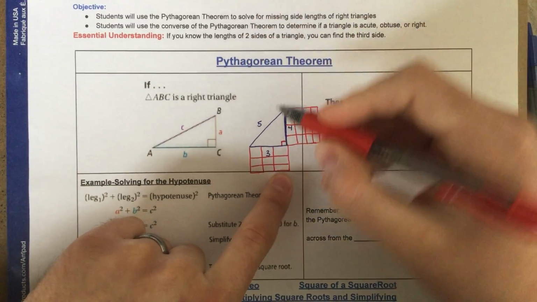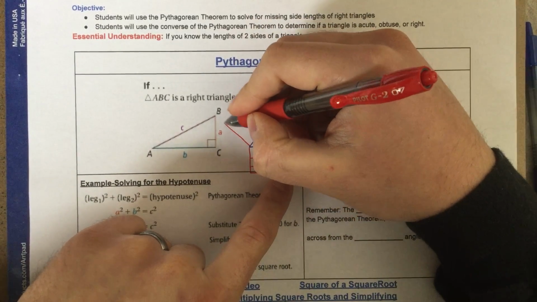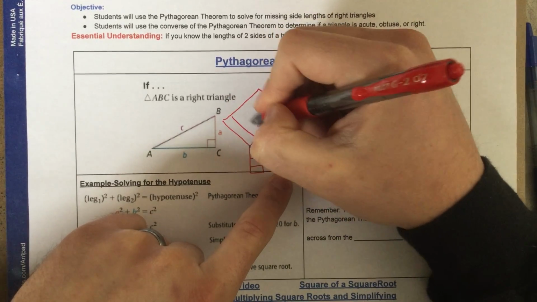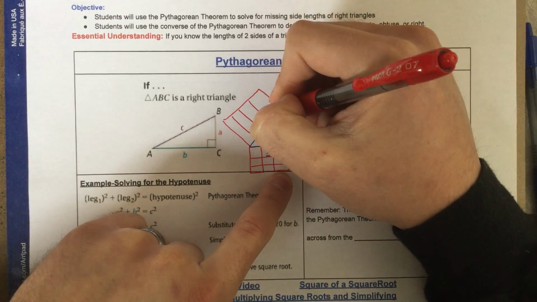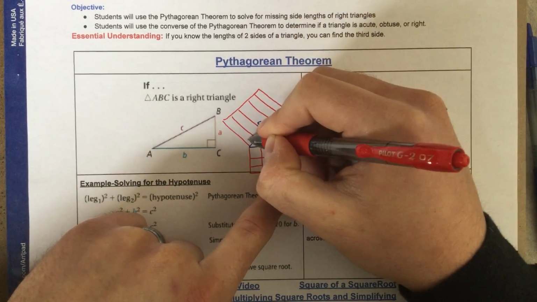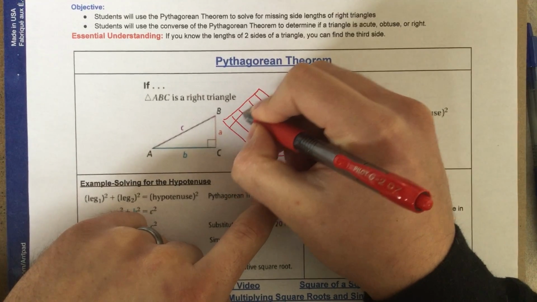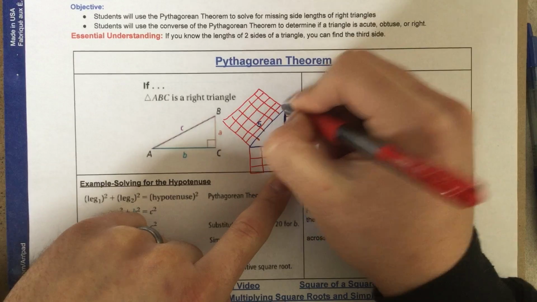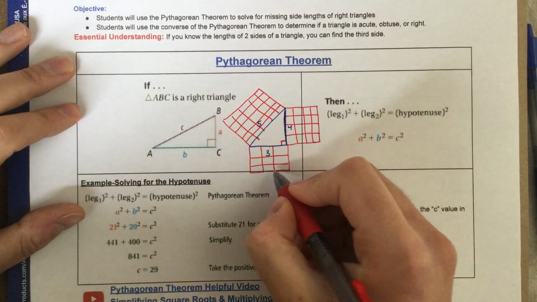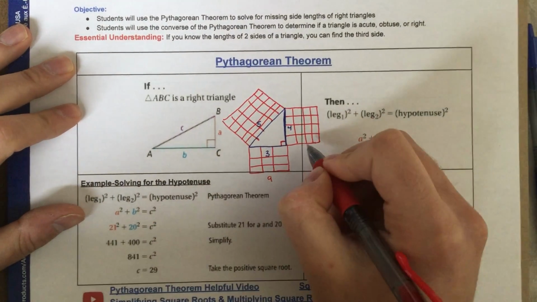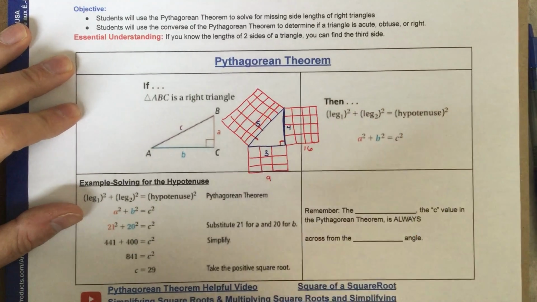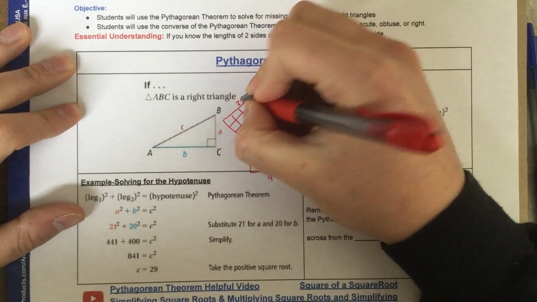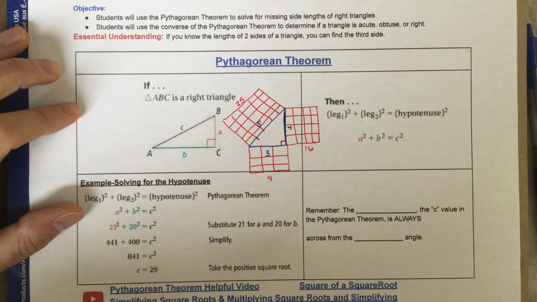In this next one, if I were to draw this square with a side length of 5, and I'm going to do it this way too. 1, 2. Again, not to scale. But there would be 9 units here, 16 units here, and 9 plus 16 does equal the 25 units on this side.